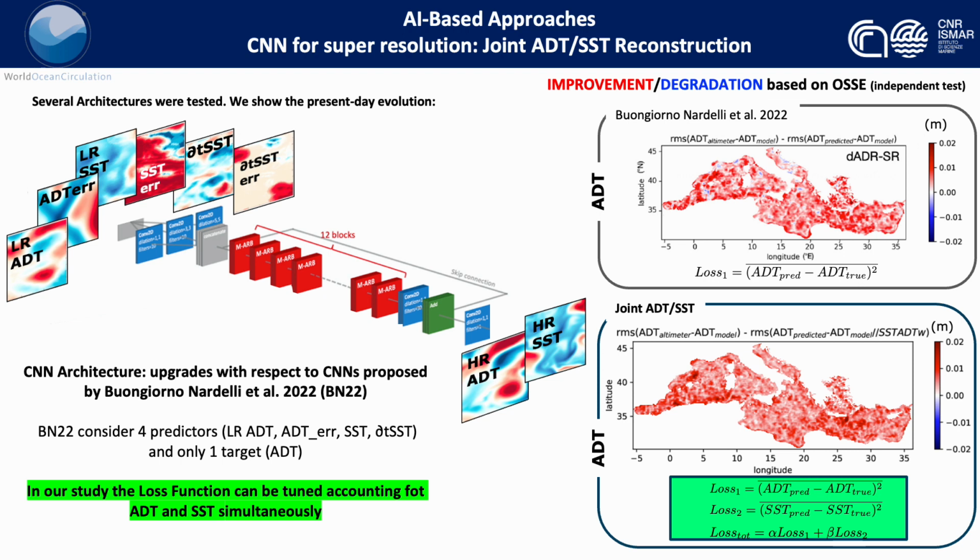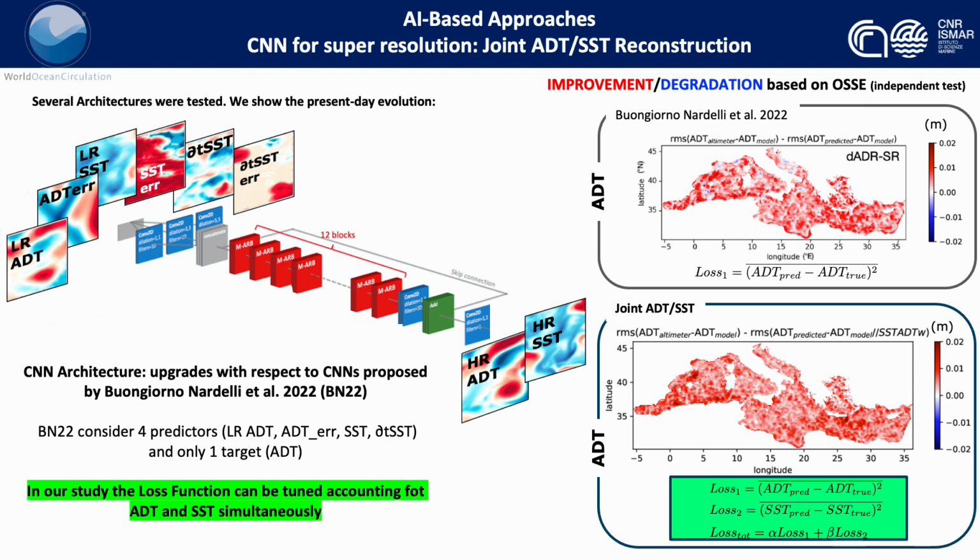So the red areas are areas of improvements. In the previous study of 2022, you can recognize a very extended area of improvement with very few spots of degradation. In the new configuration, which is the one exploiting the joint information from ADT and sea surface temperature also in the production of the outputs, you can see a significant further improvement of the performances.